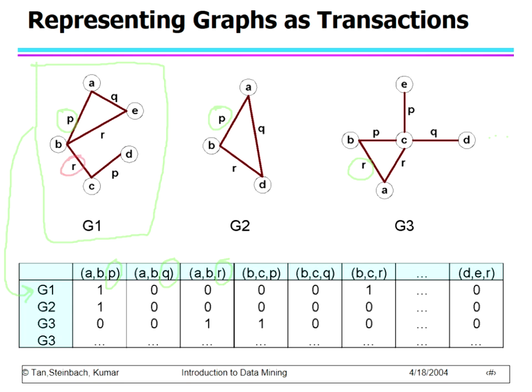For the third one, 0, 0, 1, etc. Also the same for BC. For example, between B and C, we have R, so we will mark here 0, 0, 1. Is it clear?